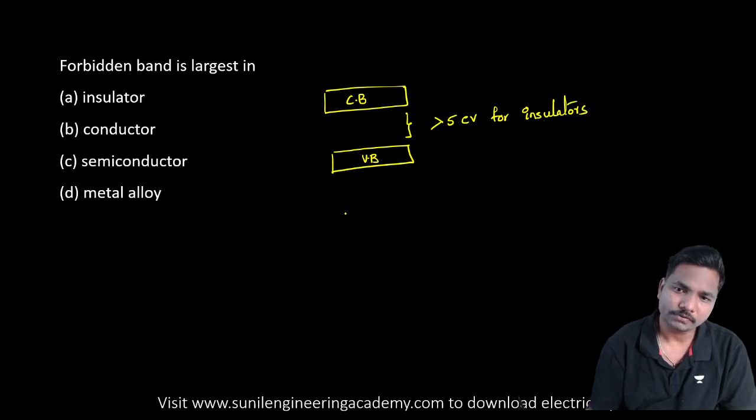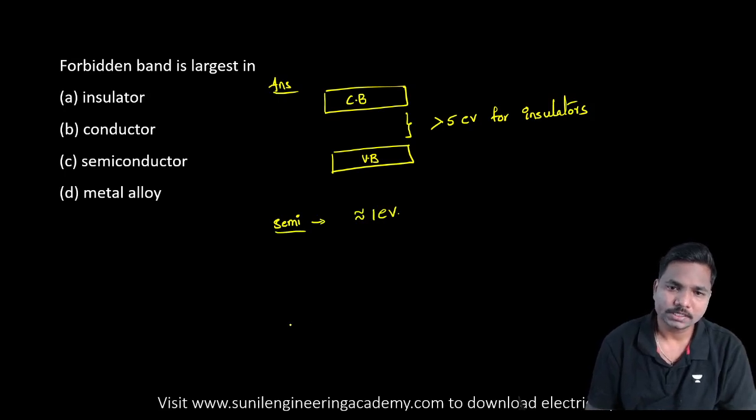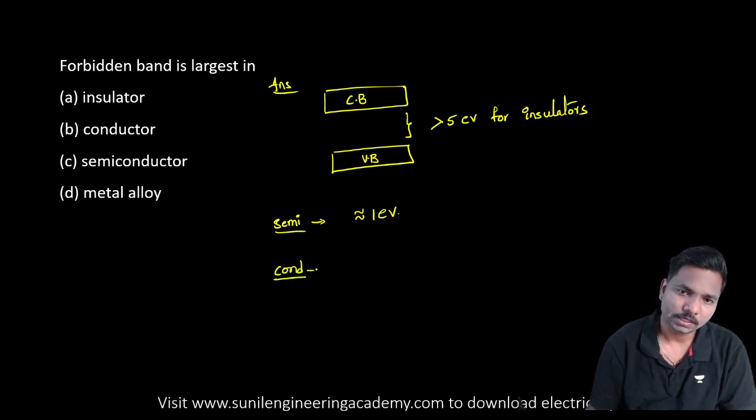In case of semiconductors, this energy gap is approximately 1 electron volt. In case of conductors, conduction band and valency band overlapped.